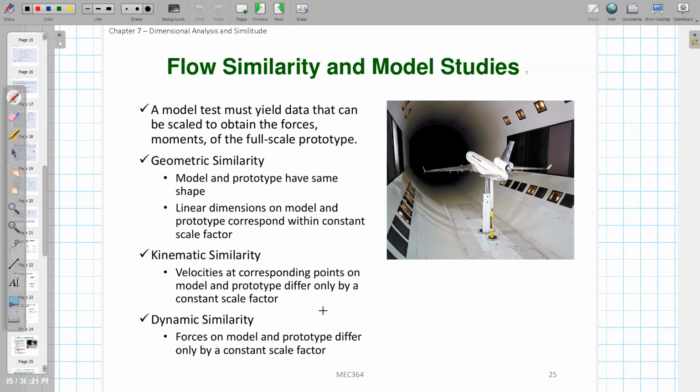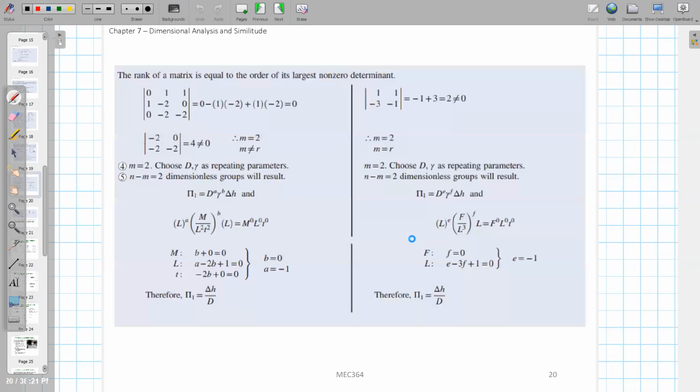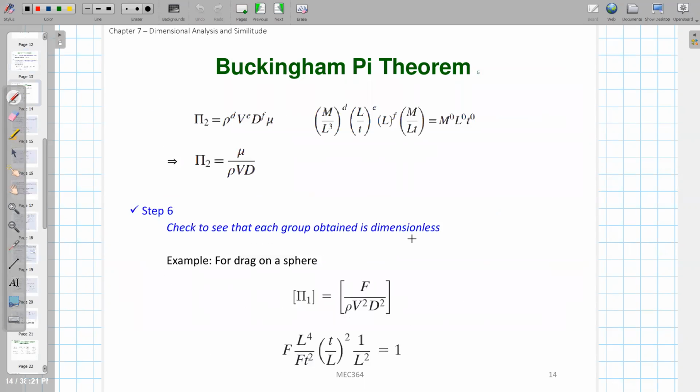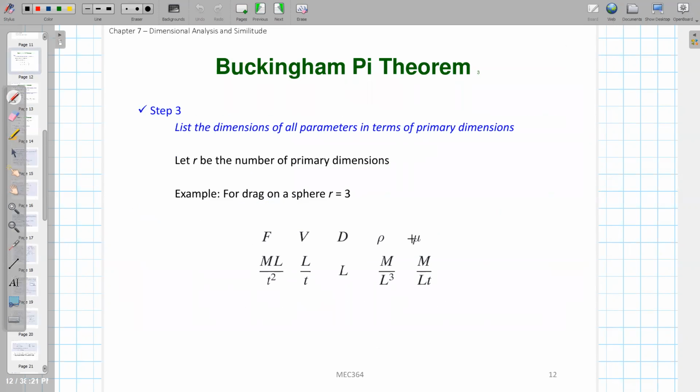Another thing dimensional analysis tells us is the so-called similitude flow. What does it mean? Let's go back to the example we use a lot in this chapter, flow over a sphere.